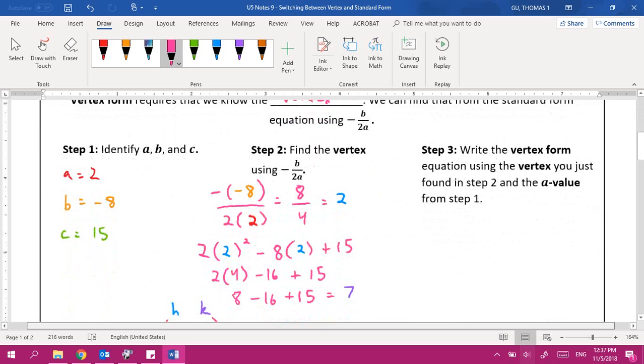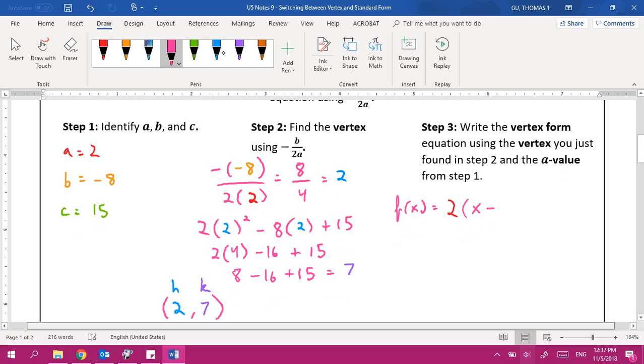So f of x equals, what's the a though? 2. The a is actually the exact same a that we got from our standard form equation. So my final equation is going to be f of x equals 2 times x minus 2, because the h is 2, squared, and then plus 7. That's right.